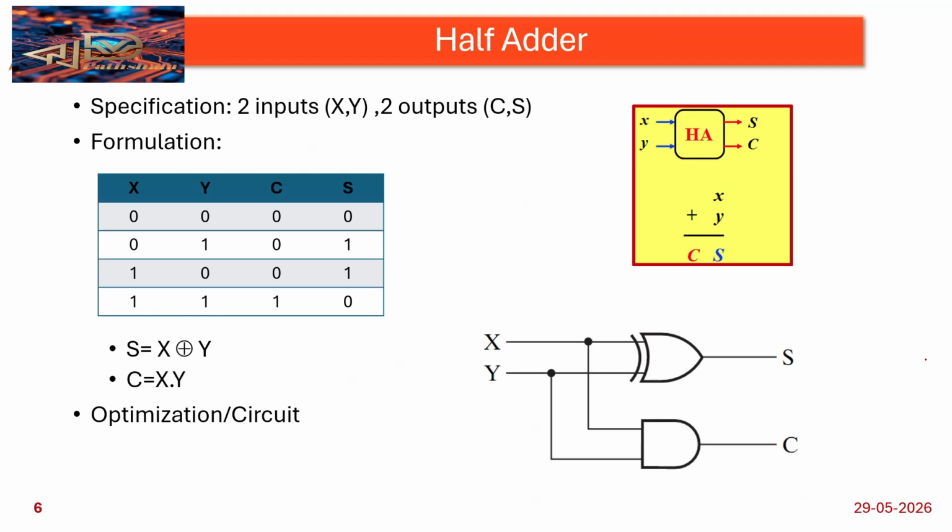Then we need adders, subtractors, and multipliers, such as Booth multipliers, and all these things are used in our processor. Then the ALU takes care of all the arithmetic and logical operations.